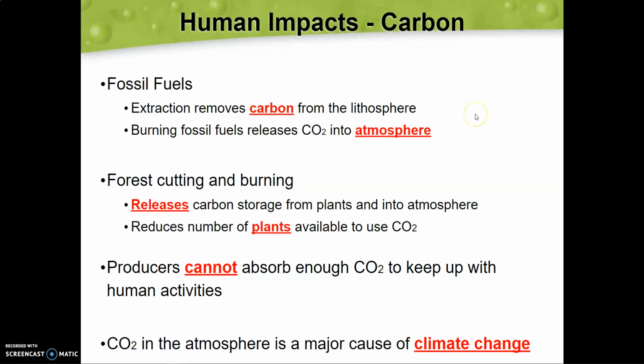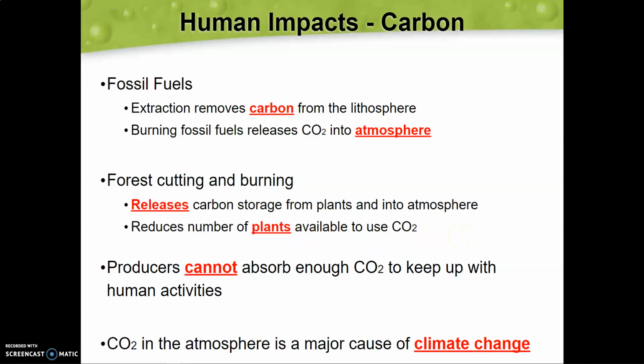All right, so human impacts. So fossil fuels, extraction is removing carbon from our lithosphere, and then burning those fossil fuels is releasing carbon dioxide back into the atmosphere. Okay. Forest cutting and burning, releasing carbon storage from plants back into the atmosphere, and it's reducing plants available to use that carbon dioxide.